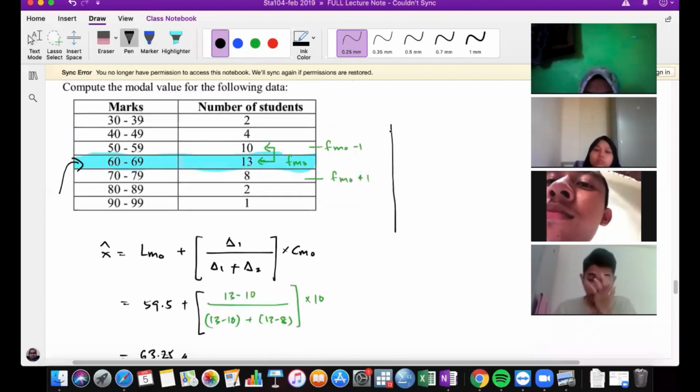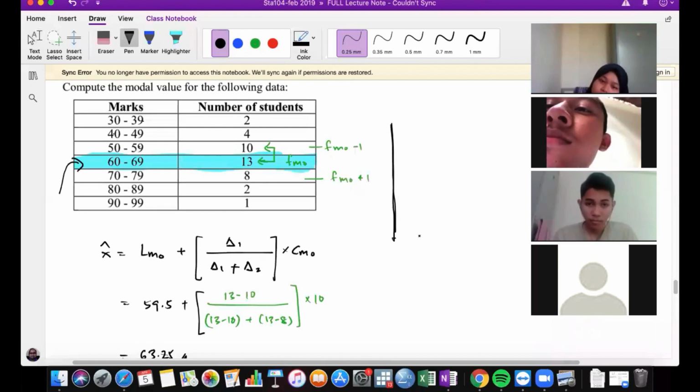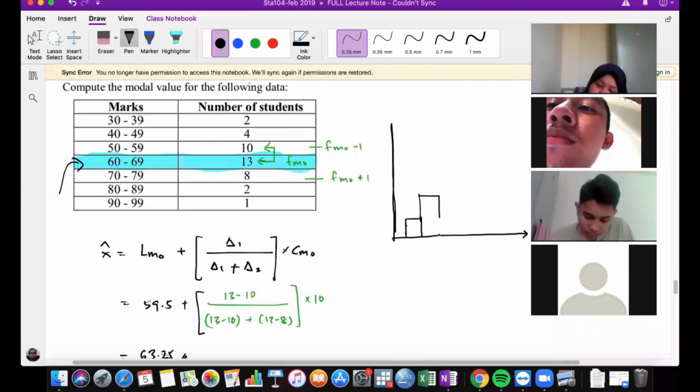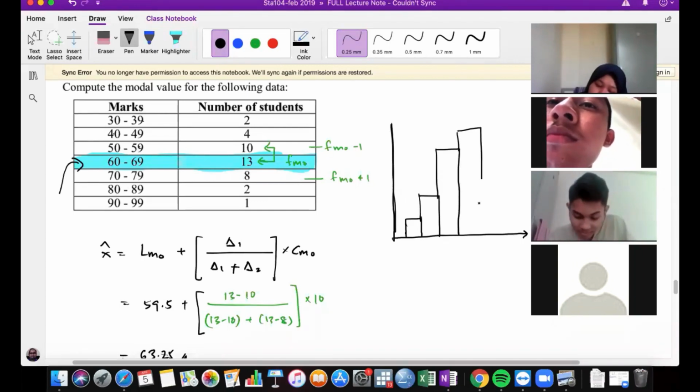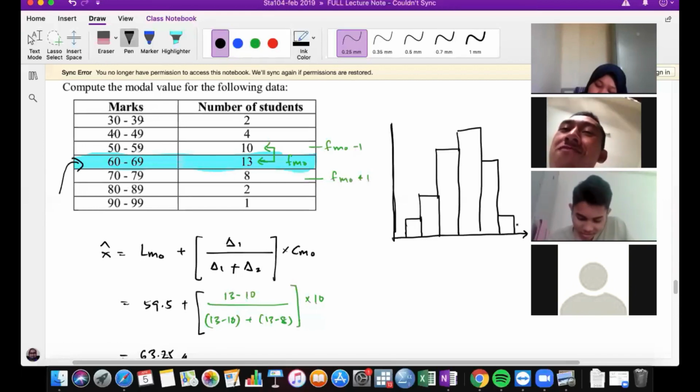If I want you to draw a histogram from this data, let's say this is 2, this is 4, this is 10, this is 13 more, and this is 8, this is 2 again, and 1.